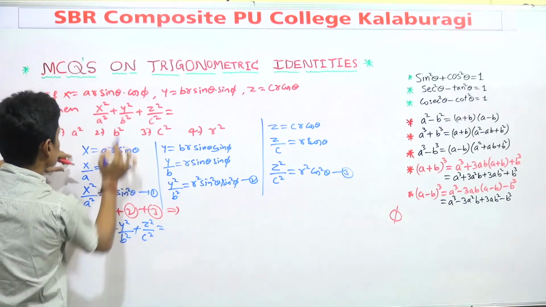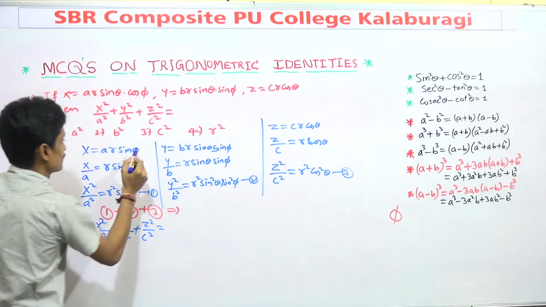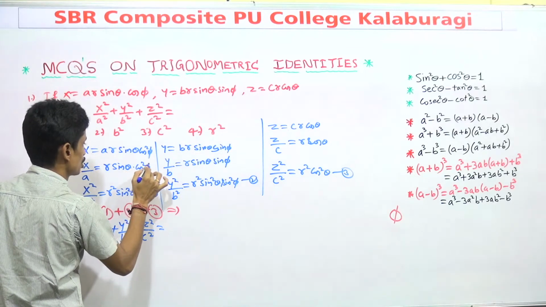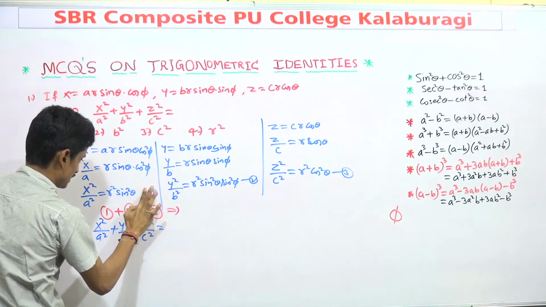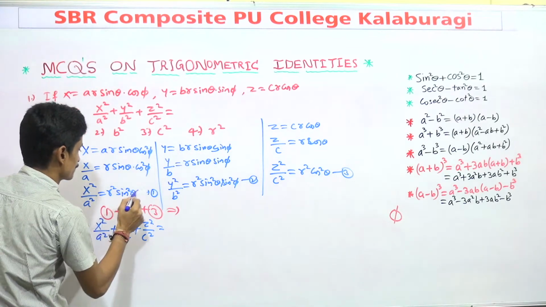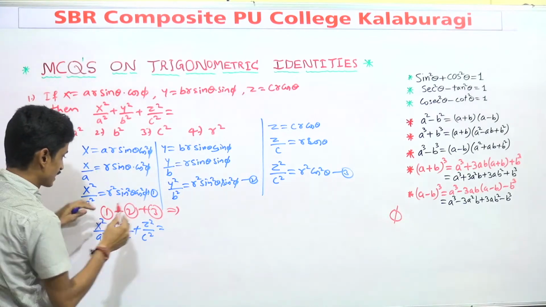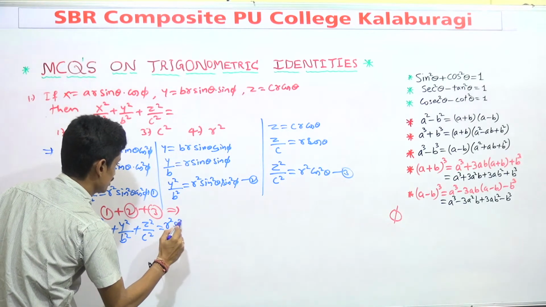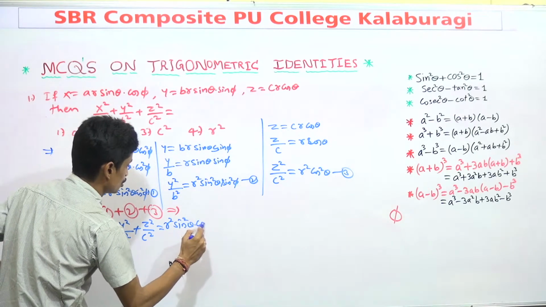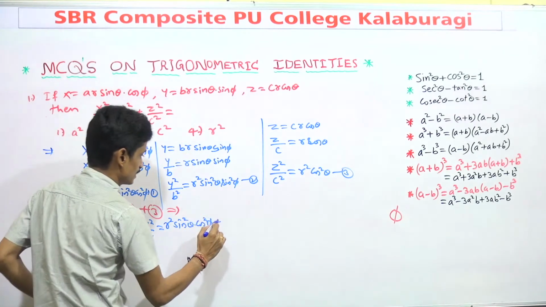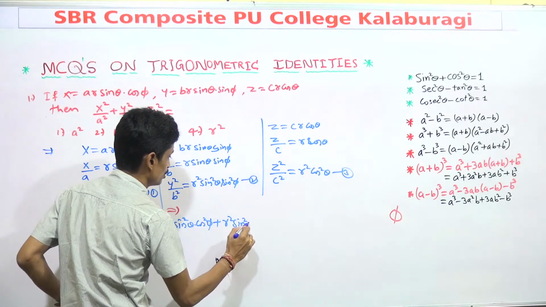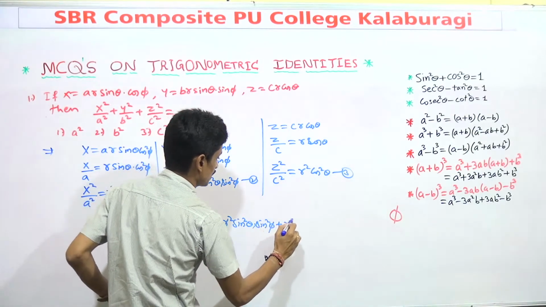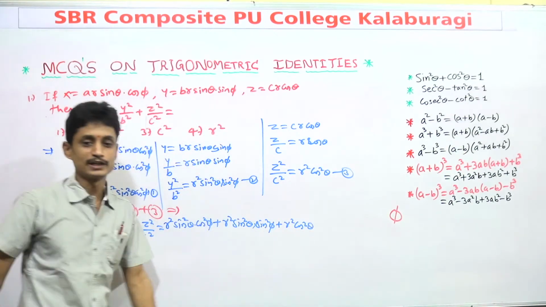One term here is missing, that is cos square phi. So here we write r square sin square theta into cos square phi, plus r square into sin square theta into sin square phi, plus r square into cos square theta.